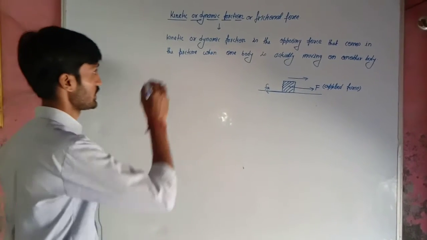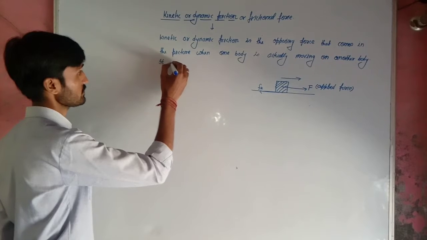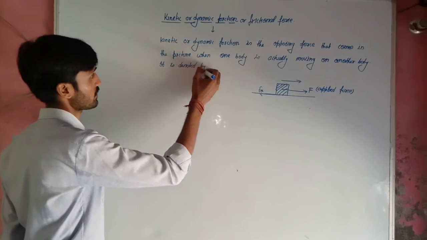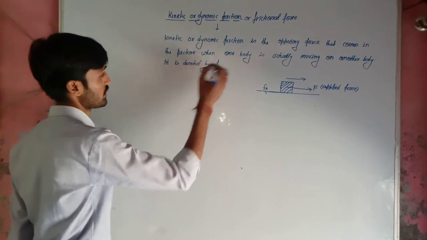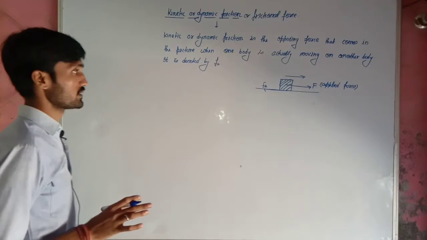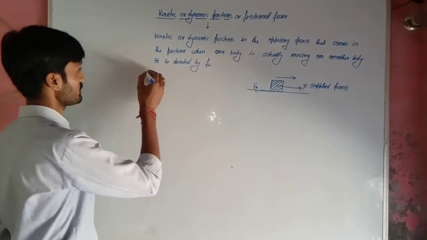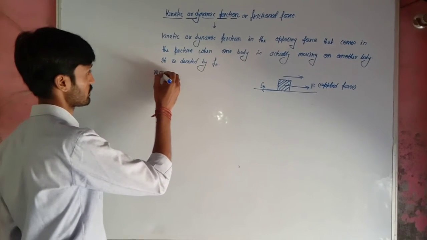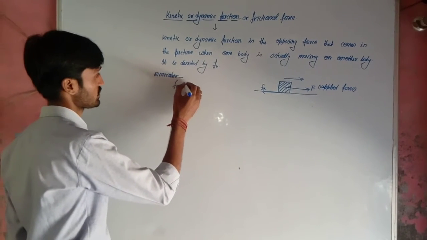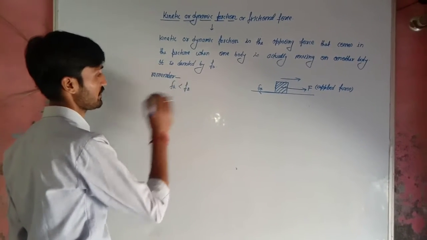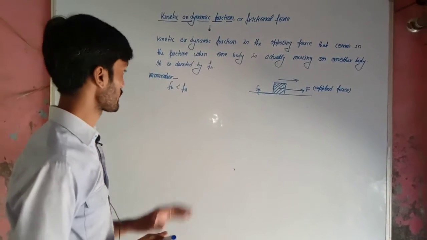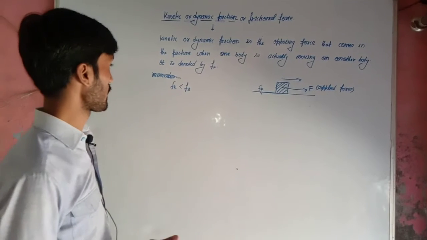Okay, it is denoted by Fk. Okay, remember here that Fk is slightly smaller than Fs. Okay, is it clear now?